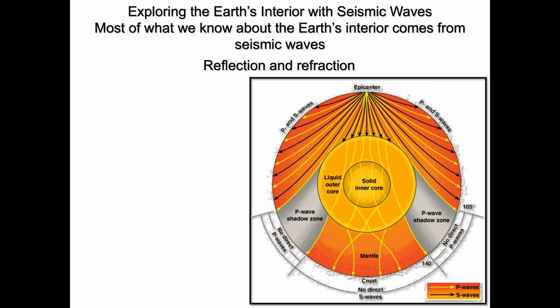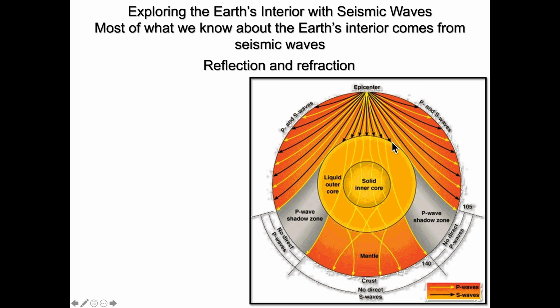That changes the behavior of the waves, such that if a P wave is to strike the liquid outer core, it's going to be refracted into that denser material, travel through that material, be refracted again when it reaches the boundary of the outer core and the mantle, and then continue on to appear at the surface here.